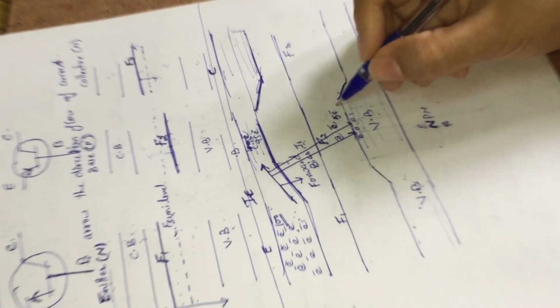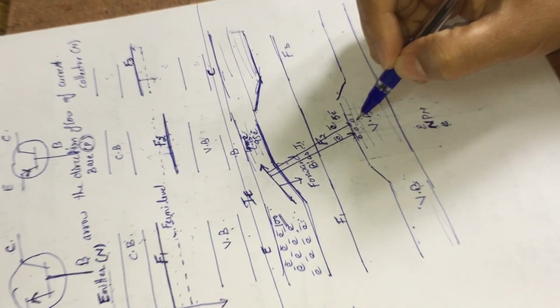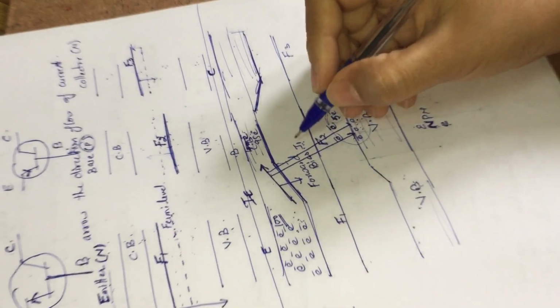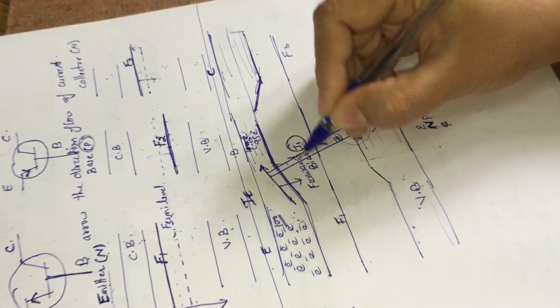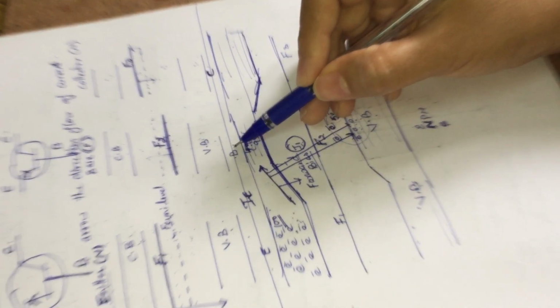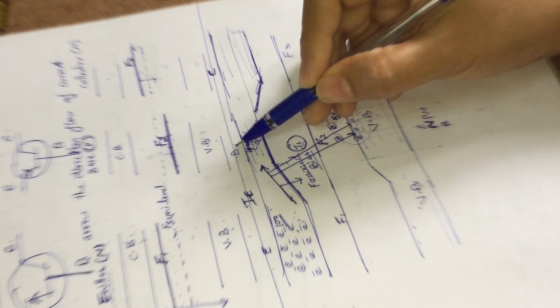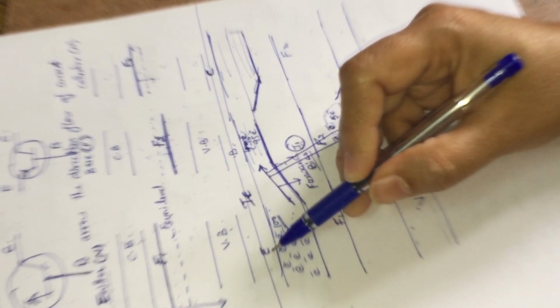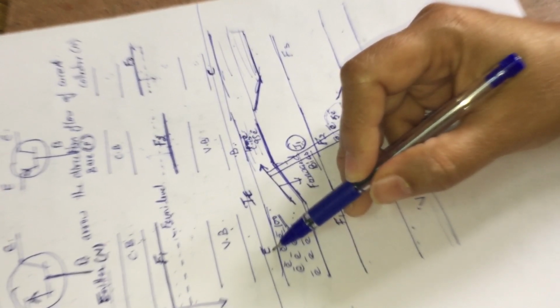Let us consider these 5 electrons which recombine with these holes. As we know the J1 junction is forward biased, it means the p-type semiconductor, that is the base, is connected with the positive terminal, and the n-type semiconductor, that is the emitter, is connected with the negative terminal of our source.